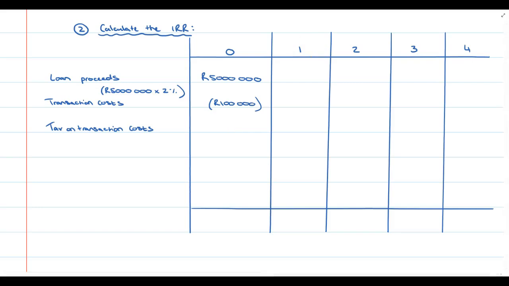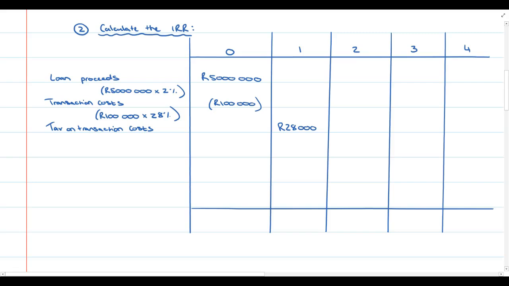So the tax saving should be included in column 1, the end of year 1. And it must be included as an inflow. The company will get a tax deduction for transaction costs. So when they are calculating taxable income, they will deduct transaction costs. So this is a tax saving.